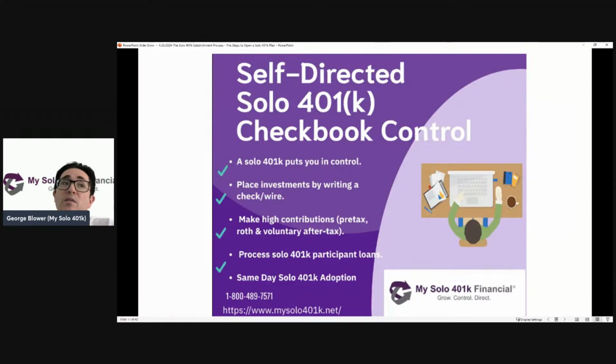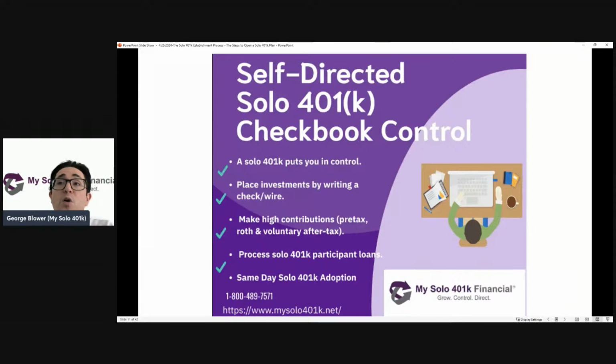With our plan, you can make high contributions. A solo 401k plan has the highest contribution limits for any defined contribution plan available to self-employed individuals. And on top of that, our plan is going to allow for not only pre-tax contributions to reduce your income for the year for which you make the contribution, but also allows for Roth and voluntary after-tax, which is how one makes mega backdoor Roth contributions.